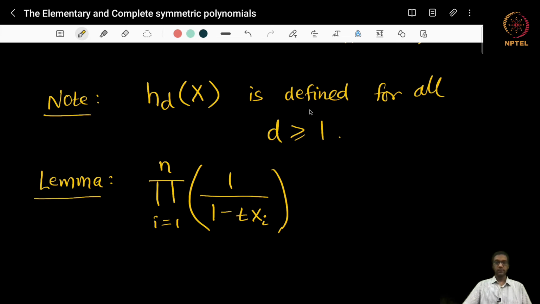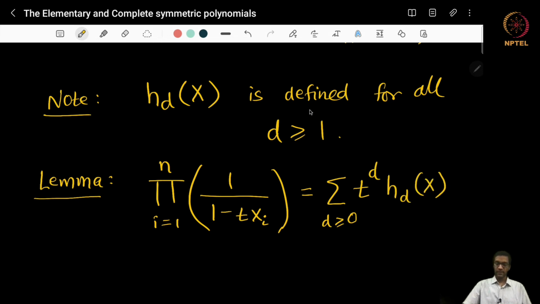This is now to be thought of as a formal power series. You've seen formal power series before in the course, so I'll come back to it when I expand this out. My claim is that when I take this product of 1 over 1 minus t xi, it gives me exactly the sum over d greater than or equal to 0 of t power d, hd of x.